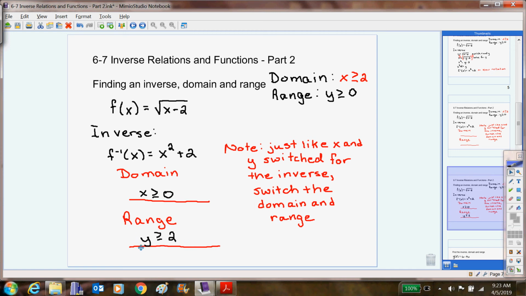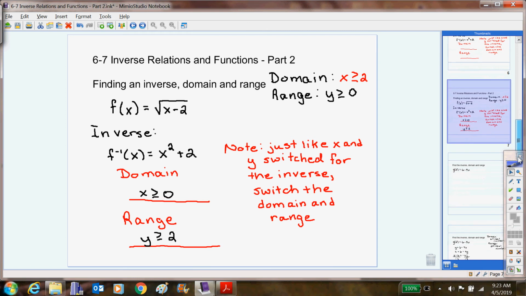And our range is y is greater than or equal to 2. So when we're strictly talking about our inverse, we're only talking about half of the parabola. We could easily draw an entire parabola here, but we're actually only talking about it as long as x is greater than or equal to 0, just that piece of it.